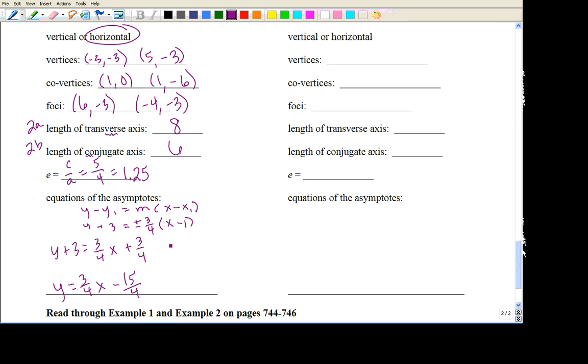And then if we distributed the negative 3/4, we'd have y plus 3 equals negative 3/4 x, negative 3/4 times negative 1 is positive 3/4. And then if we subtract the 3 over, we end up with y equals negative 3/4 x minus 9/4.